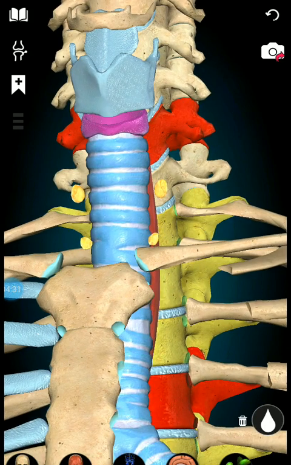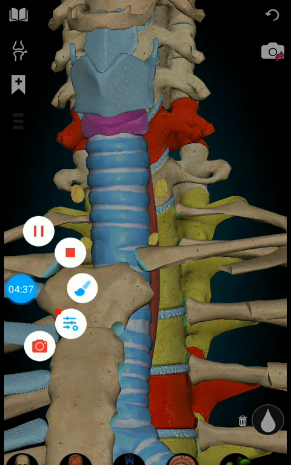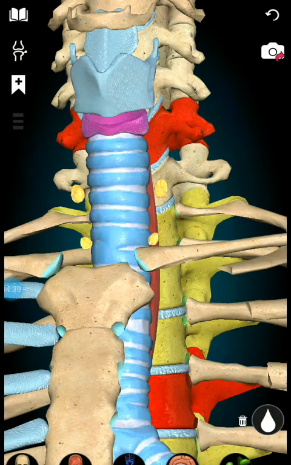So I was saying the trachea is a continuation of the larynx, and it forms the beginning of the lower part of the respiratory tract. It begins at the lower border of the cricoid cartilage, corresponding to the level of the C6 cervical vertebra within the neck, and it is about 5 centimeters above the suprasternal notch.